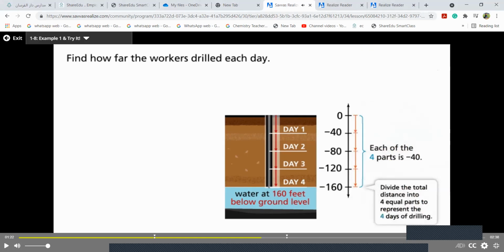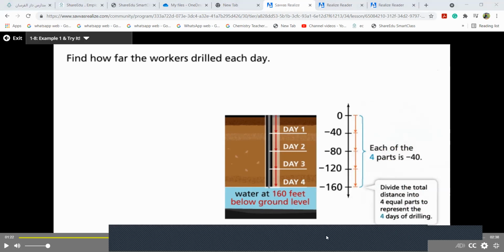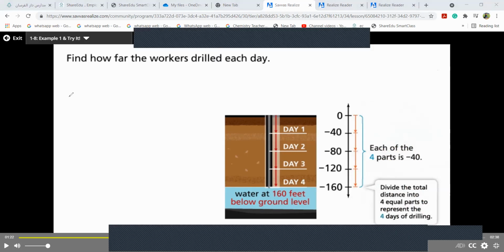Now see, division is same like multiplication, okay? Now here, if I say minus 160 divided by 4 days, because the days cannot be negative. It's minus 160 because they're going below ground level.